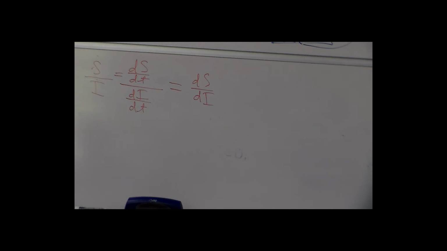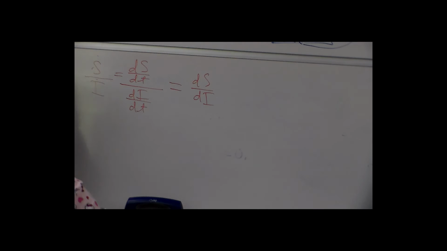Is dI dt a fraction? I mean, not technically. So first interrupter, everybody's probably quiet because it's a trap. They're not fractions, and I'm going to be a little bit mean about this, not to you personally. They don't actually cancel.